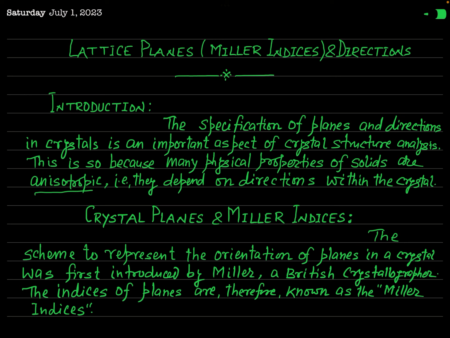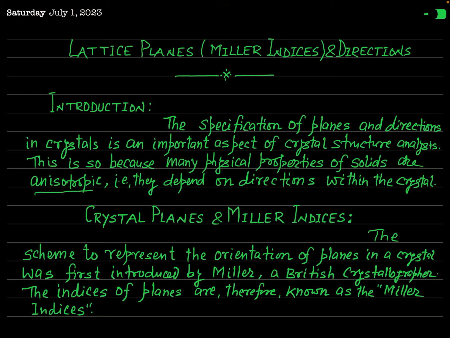Actually, the direction of lattice planes is determined in terms of a set of three indices which are called Miller indices. Miller was a British crystallographer, and he introduced a scheme to represent the orientation of planes in a crystal.